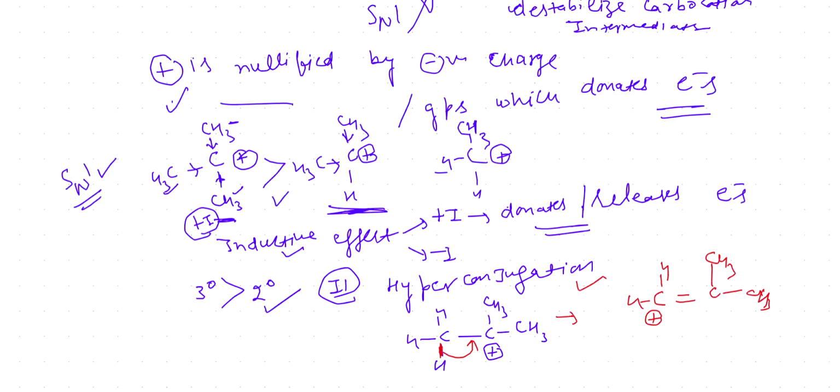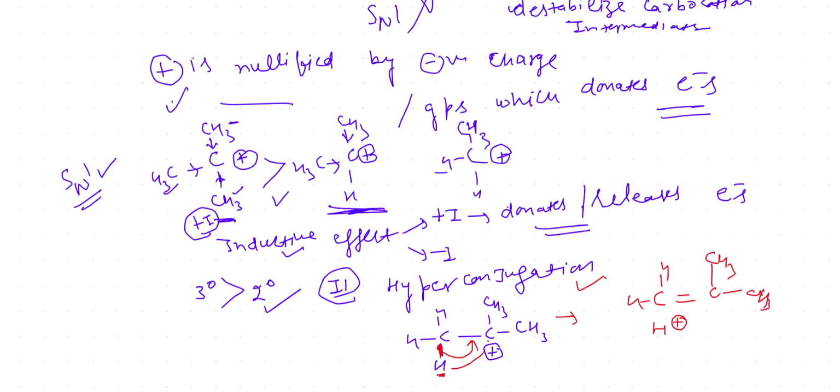So there will be no positive charge on this carbon. There will be positive charge on the hydrogen. Hydrogen will give its electron to this carbon, and this electron will remain here.